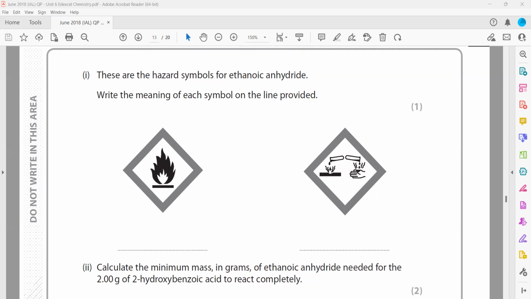So this shows that it is flammable, can catch fire. And the second one, it is corrosive. So if a compound can catch fire, this will be the symbol, flammable. And the other one is corrosive.